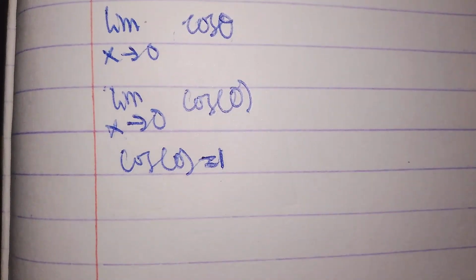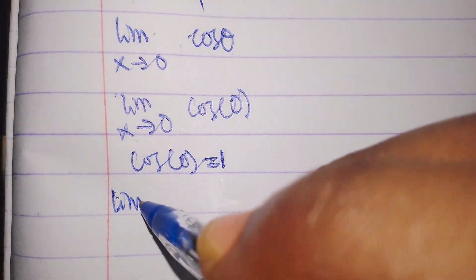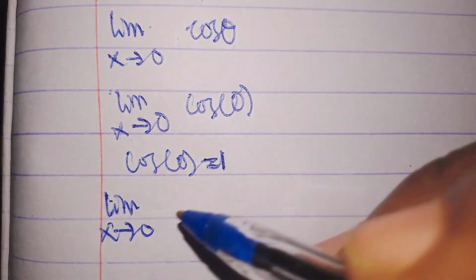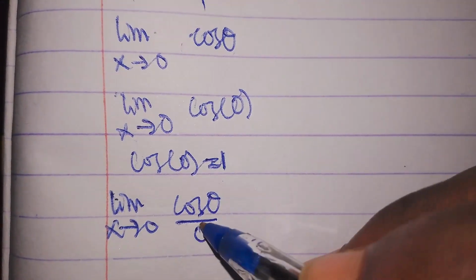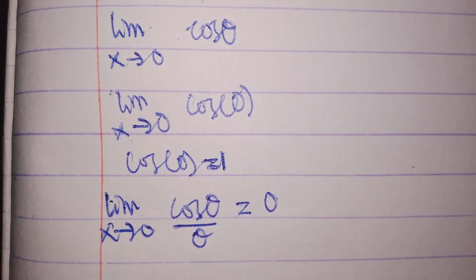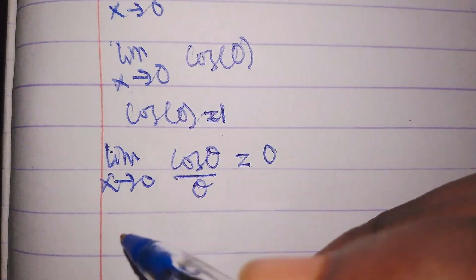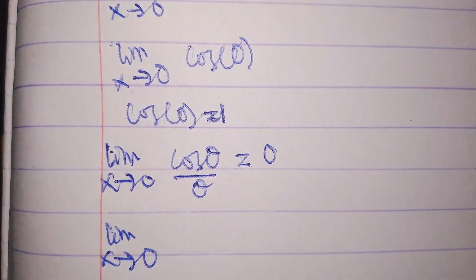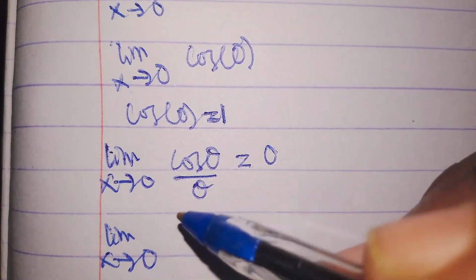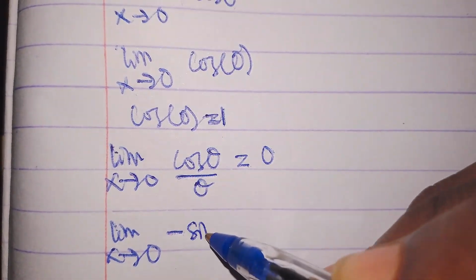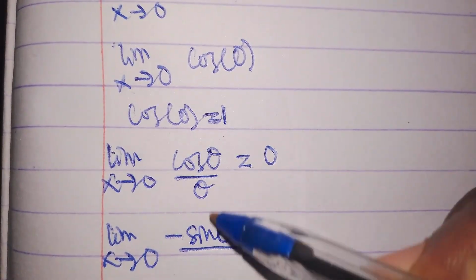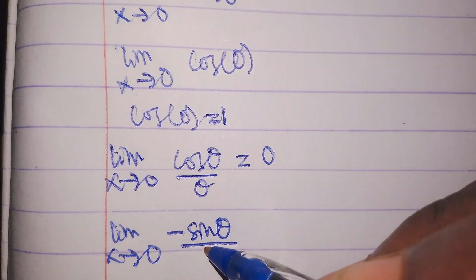Now the next one was the limit as x approaches 0 of cos theta over theta is equal to 0. Now we differentiate. So the limit as x approaches 0, the differential of cos theta is negative sine theta, over the differential of theta, which is 1.